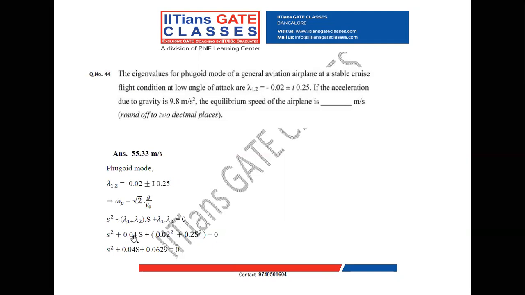If you substitute λ1 plus λ2, the imaginary part cancels, so only the real part remains: minus 0.02 plus minus 0.02, that is minus 0.04, and minus into minus gives plus 0.04s, plus λ1 into λ2, that is (minus 0.02 plus i 0.25) into (minus 0.02 minus i 0.25).